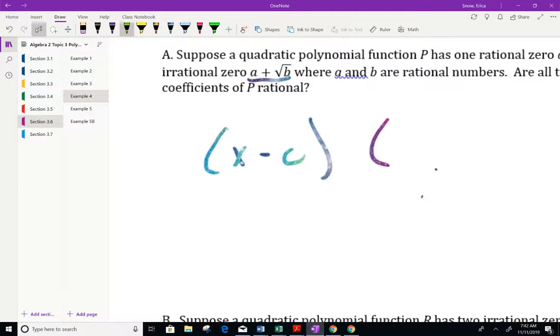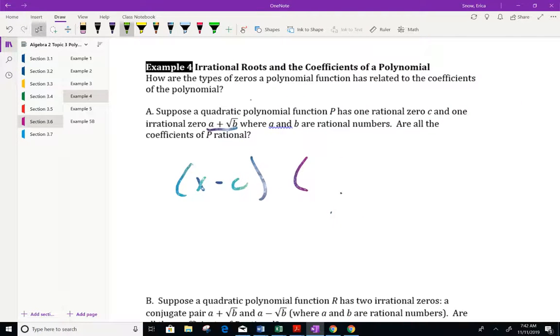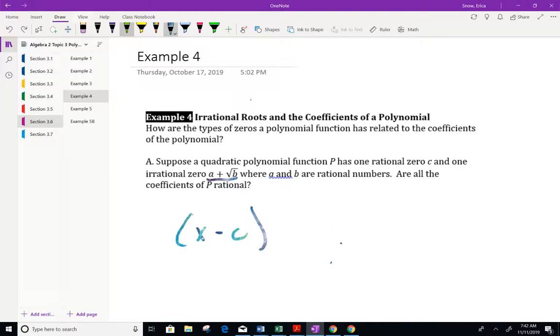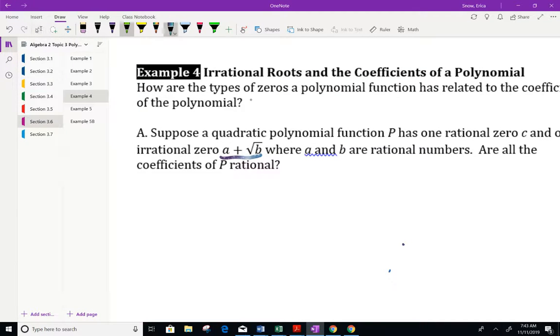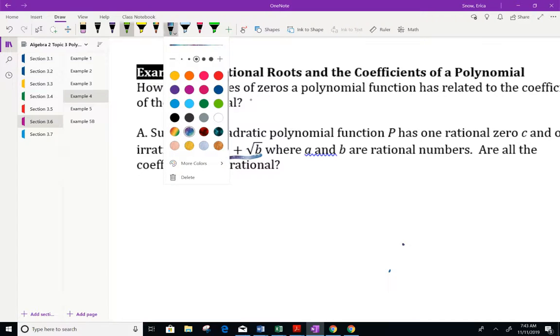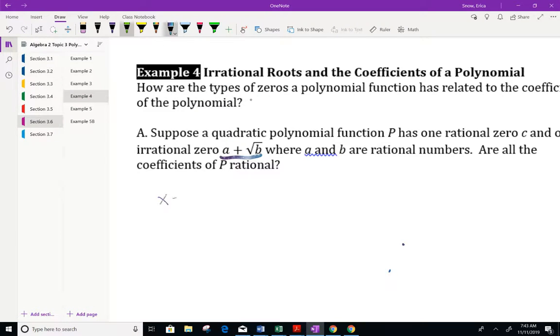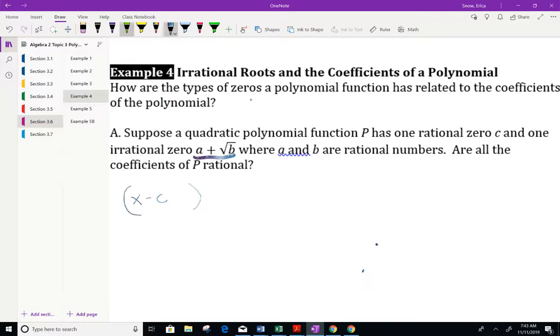And I'm going to actually zoom in and give myself more room to write. So let me erase this. And so we're going to have x minus c. And we're going to have x minus a plus square root b as our two factors representing our zeros. And so now what does p look like?